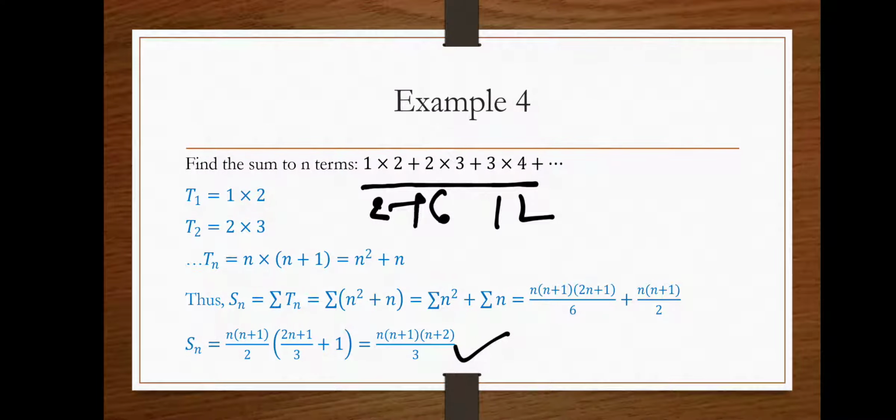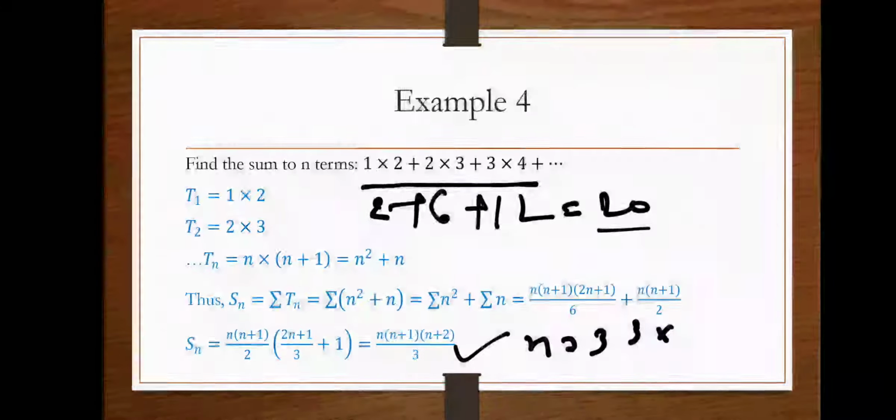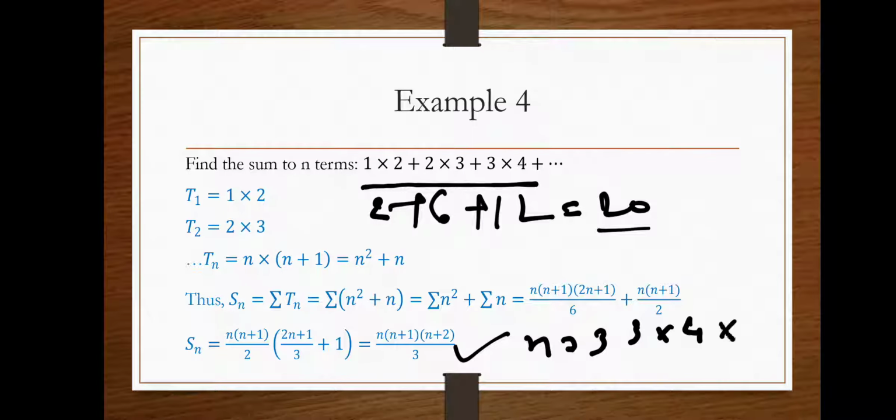So 2 plus 6 plus 12, that is 20. So this should be the answer. So in place of n here, put n equals 3, because we have done the sum of 3 terms. If you put n equals 3, then it becomes 3 into 3 plus 1, that is 4, into 3 plus 2, that is 5, divided by 3. 3 and 3 get cancelled. You are left with 20.